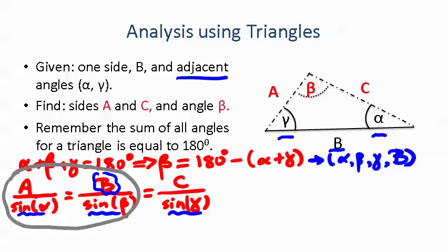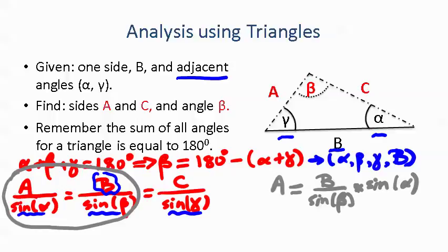Using the left fractions, we find out that A will be equal to B over sine beta times sine alpha. So all the information here is known. We know the side B and the angles alpha and beta.